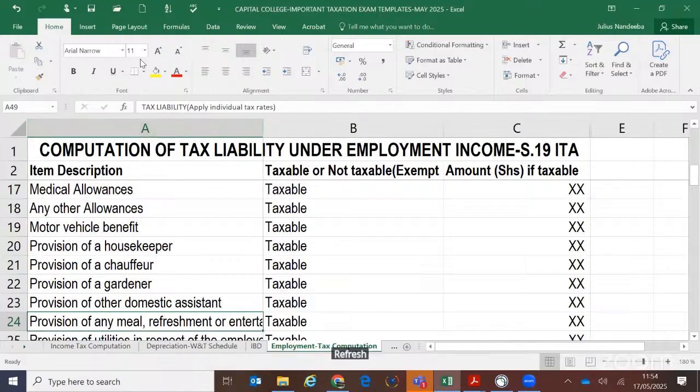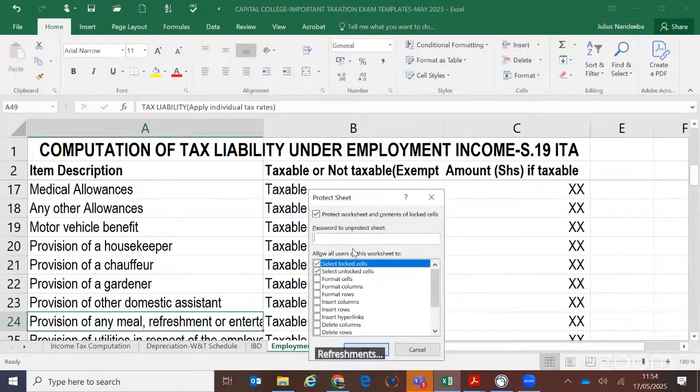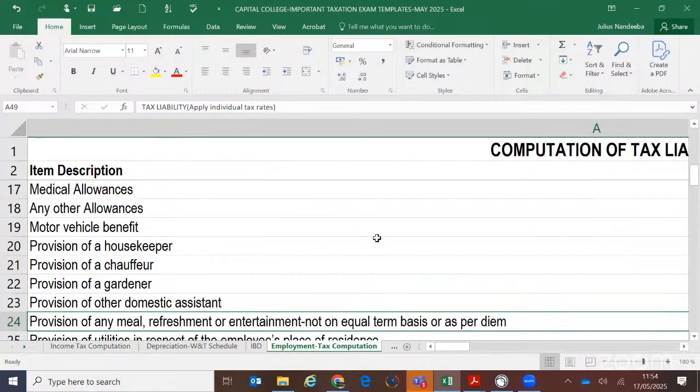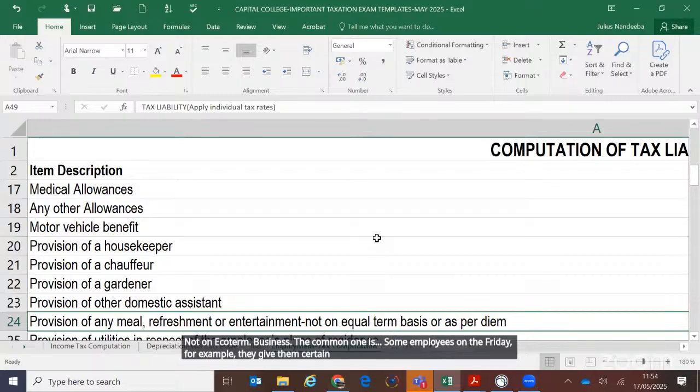refreshments, so provision of any meals, refreshments, or entertainment not on equal term basis. The common one is some employees on a Friday, for example, they give them certain things.